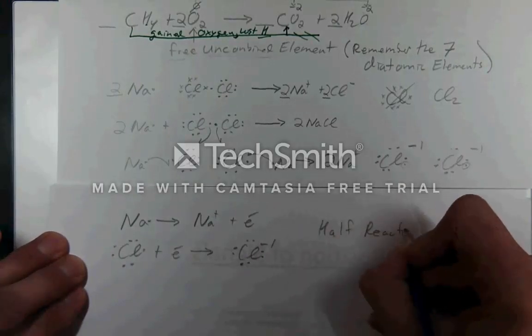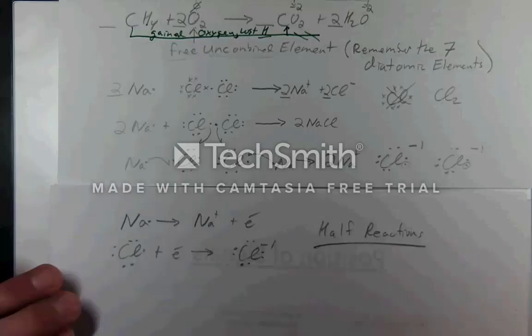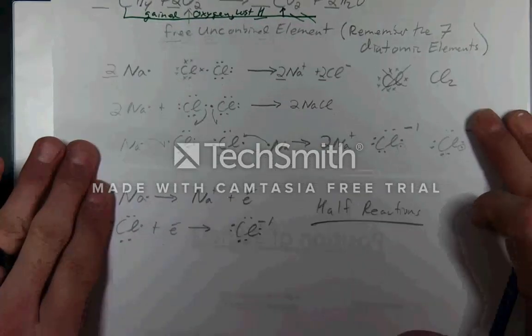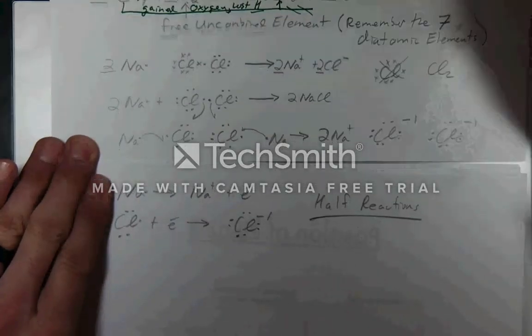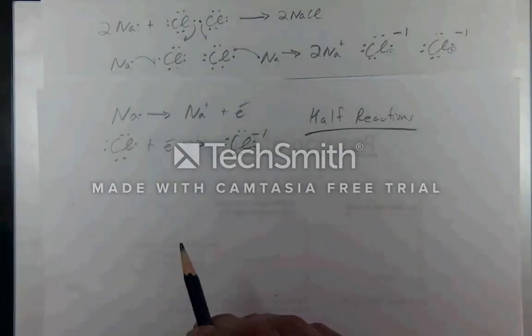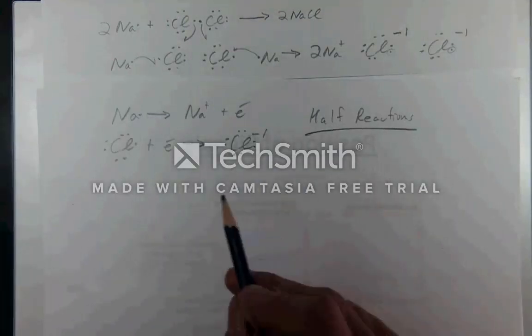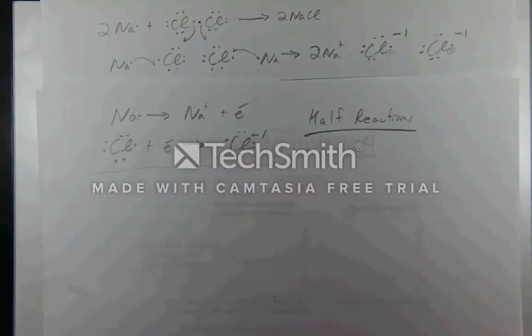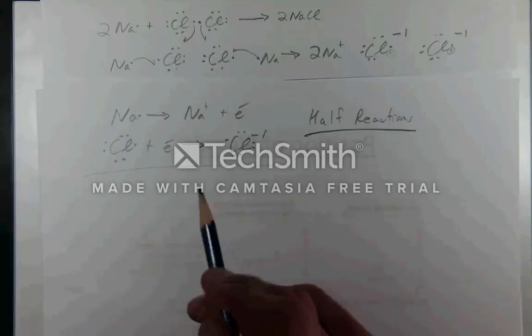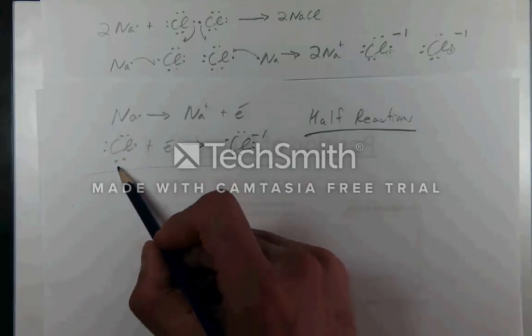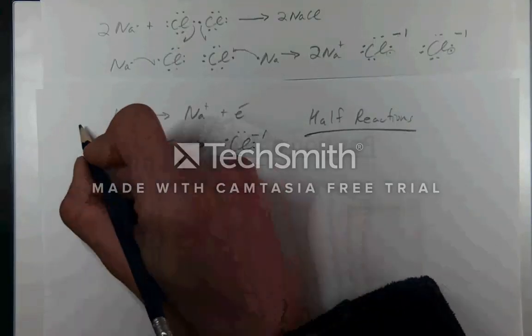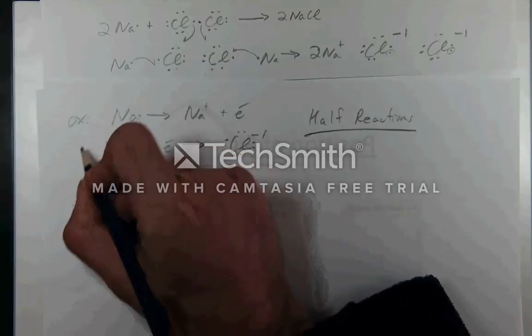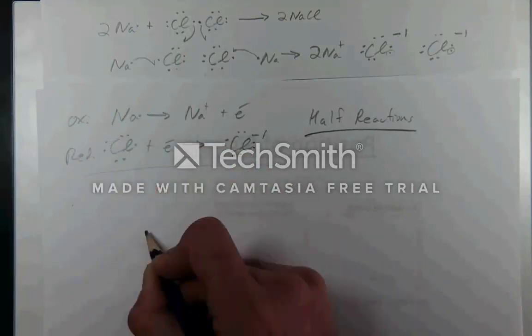Now, I'm not going to say anything more about half reactions, but the reason I'm going into this is because if you think about what's going on here, electrons are being transferred. If we have a way of isolating the two half reactions, so we have, this is the oxidation half reaction, this is the reduction half reaction.